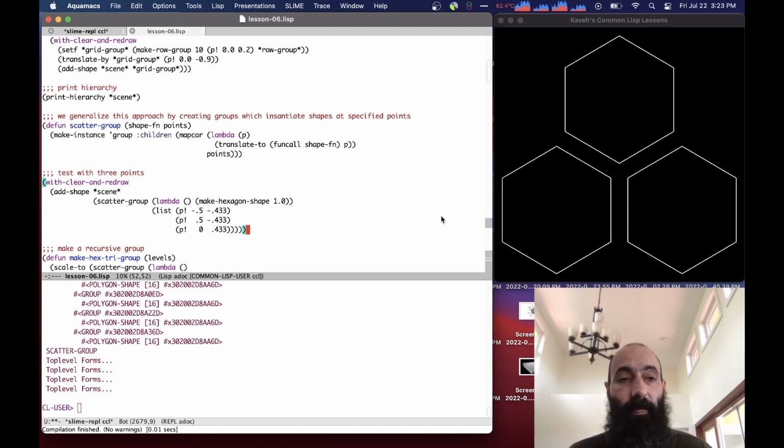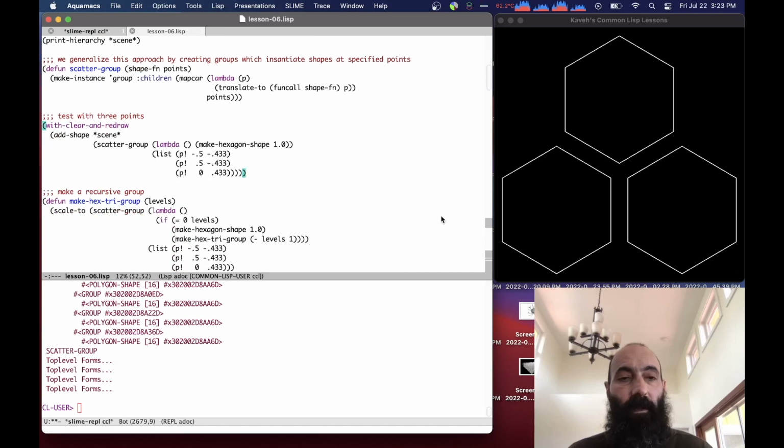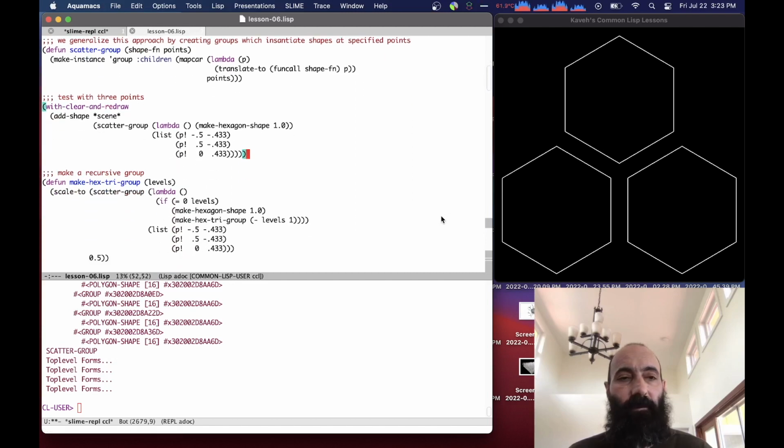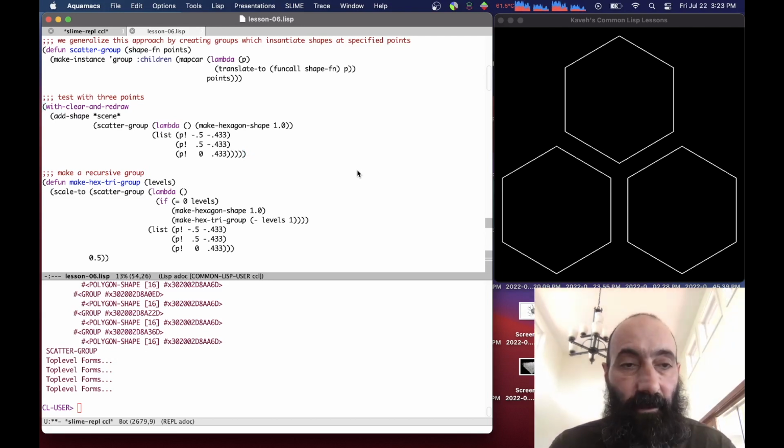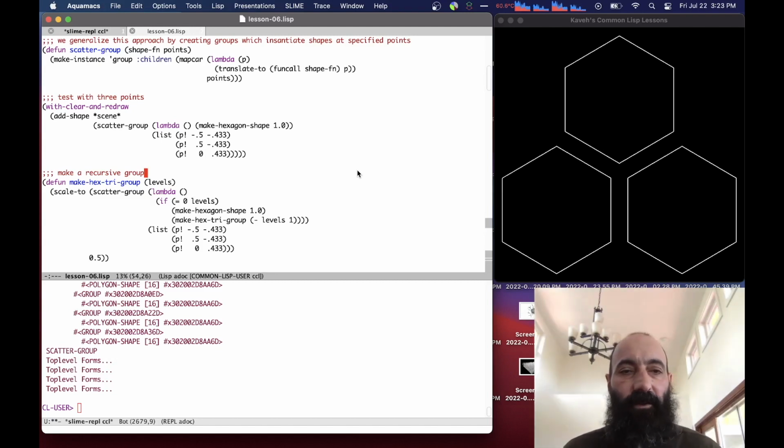they appear here. So then what we can do is get a little bit clever and say, let's make a recursive group. So a recursive group is basically a fractal, or what we call a self-similar object. We'll see what I mean by that in a second. So the base unit is these 3 hexagons in a triangle.